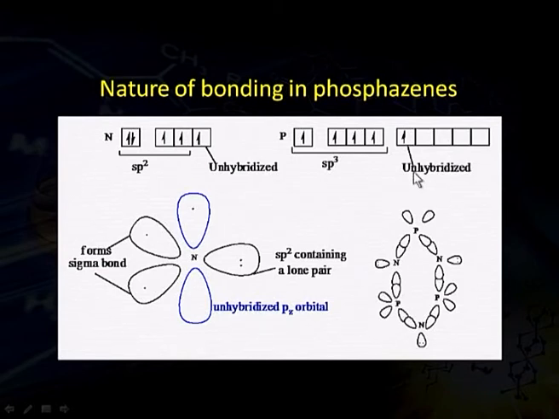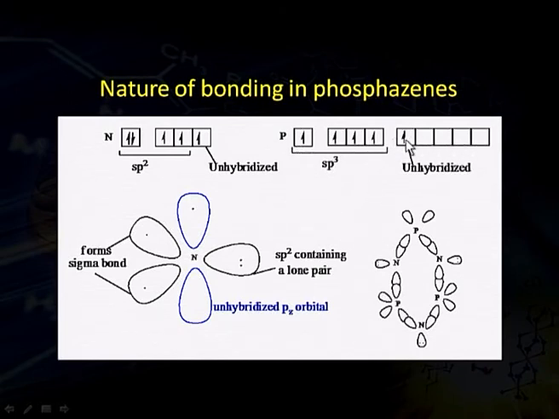The 3 orbitals in black color are sp2 hybrid orbitals, one containing the lone pair of electrons and 2 containing single electrons, which are used in the formation of sigma bonds. The blue orbital is the unhybridized pz orbital, which contains 1 electron. This unhybridized orbital on nitrogen and the d orbital on the phosphorus combine to form the pi orbital.